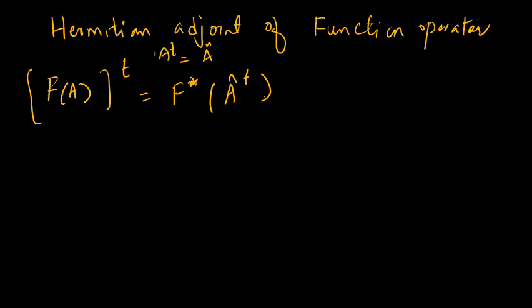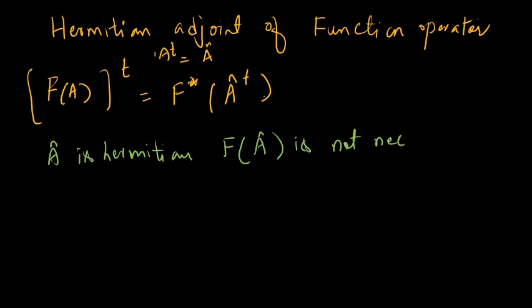So if any operator A is Hermitian, that is, the adjoint of A is equal to the operator A, then f of A is not necessarily Hermitian.